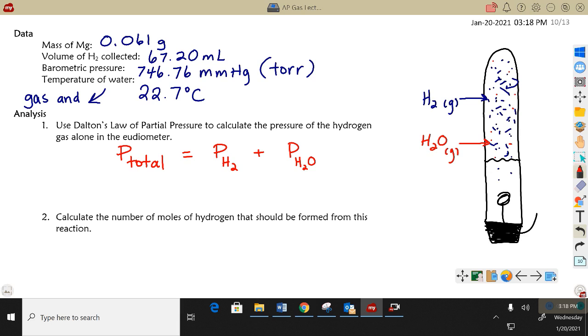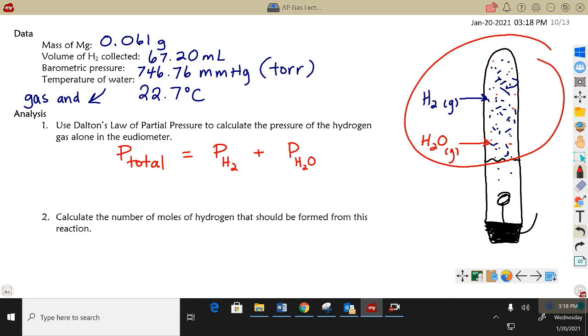When you have a mixture of gases, the total pressure is the sum of the pressure from each gas. And so we've got two gases in that upper compartment. Up in here, there's going to be a mixture of water vapor and hydrogen. So we need to correct for the pressure of the water vapor. We want to subtract it off.